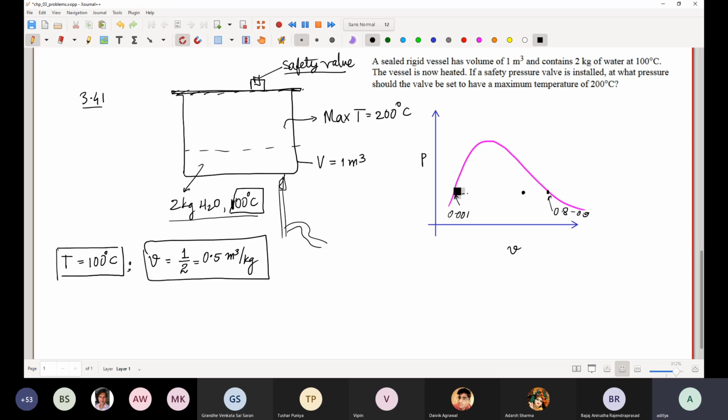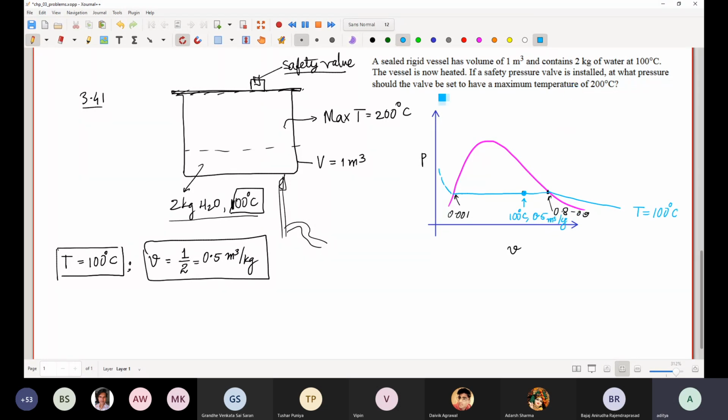This is some isotherm, let me draw it in this light blue, but in this case, we know that this is going to be the 100 degrees Celsius isotherm, because this point is 100 degrees Celsius and v equal to 0.5 meter cube per kg.